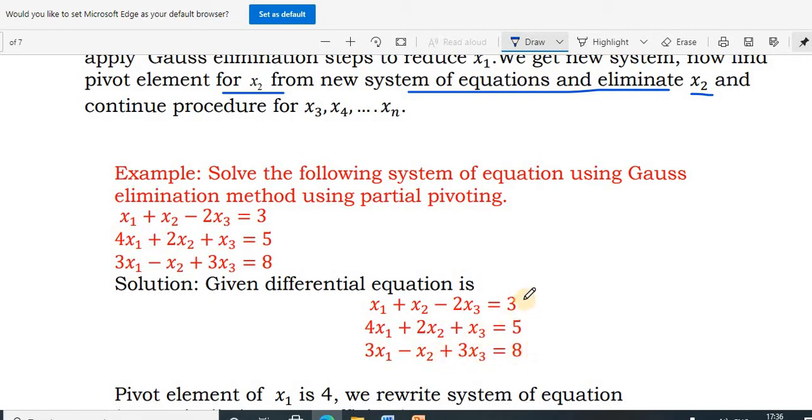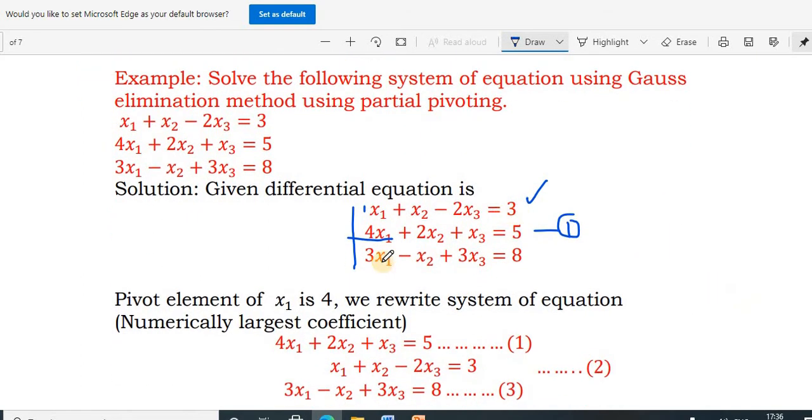So here normally we eliminate x1 from this equation. But for partial pivoting, we find the equation having the largest coefficient. So here it is 1, 4 and 3. So the largest coefficient is 4. So this I select as my equation 1 to eliminate x1.